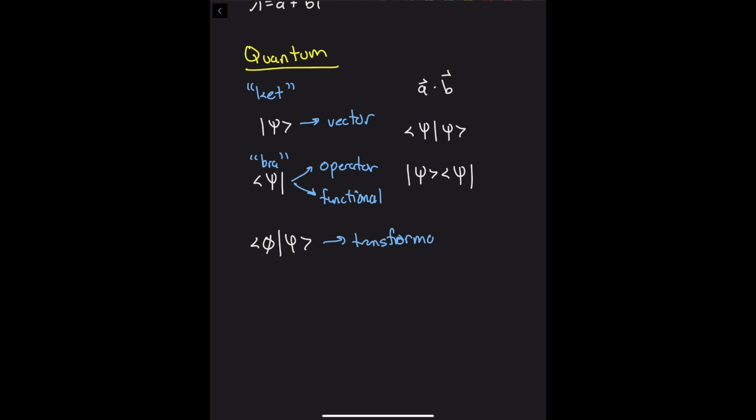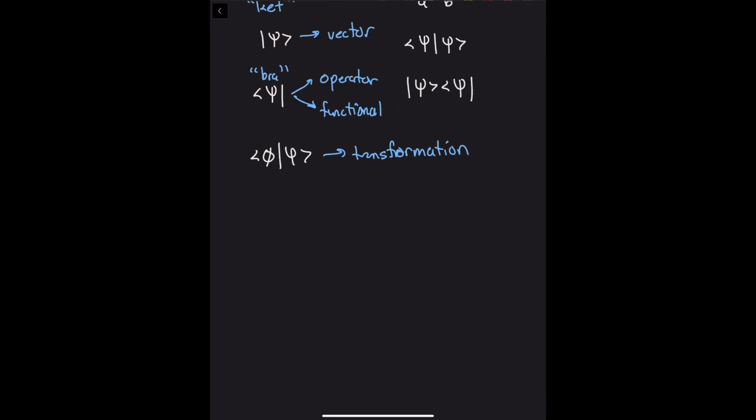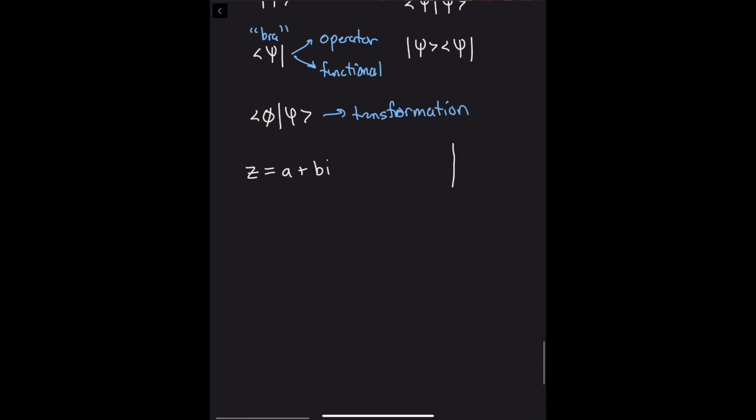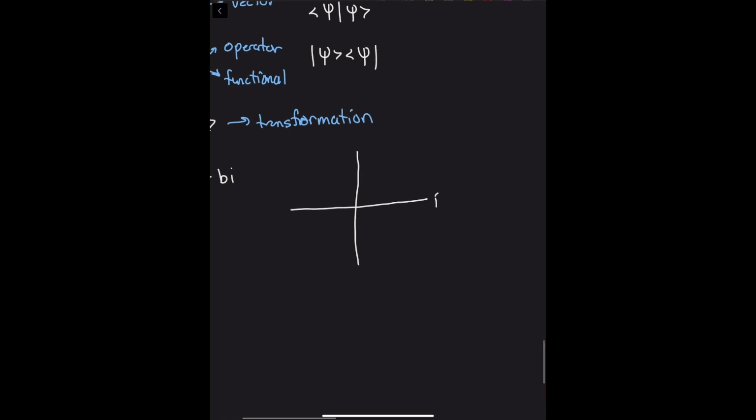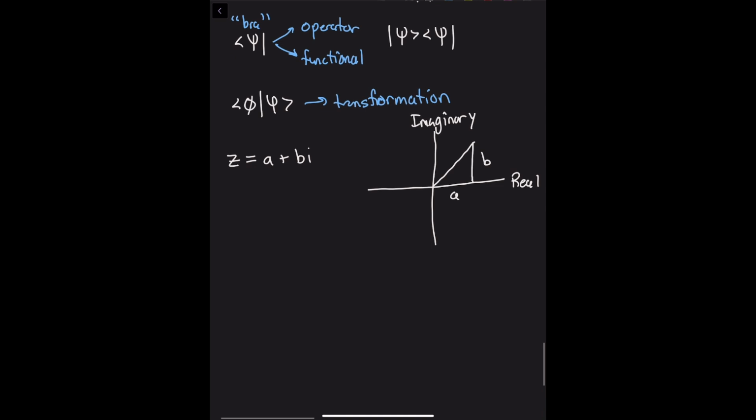My handwriting sucks. Okay. And I also want to talk about complex numbers. So if we have a complex number z, this has a real component a and an imaginary component b. So if we are in the real and imaginary plane, then this vector resides here, and the a is the real part and the b is the imaginary part.